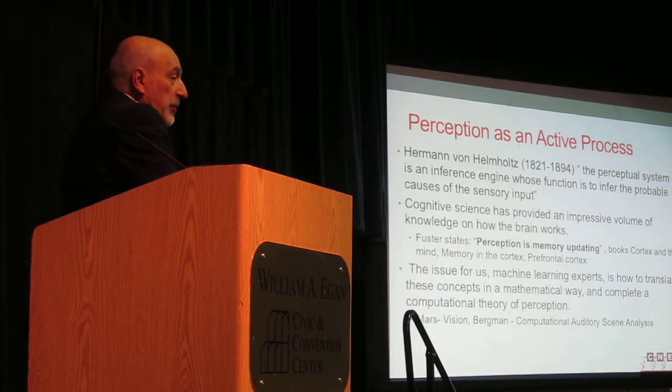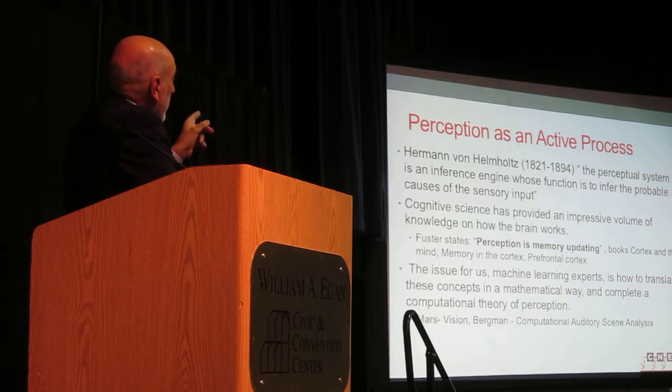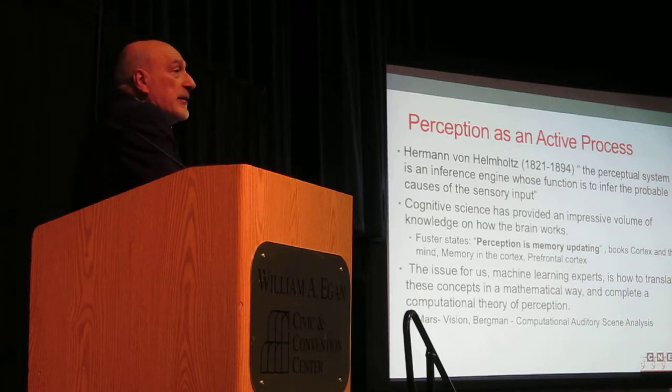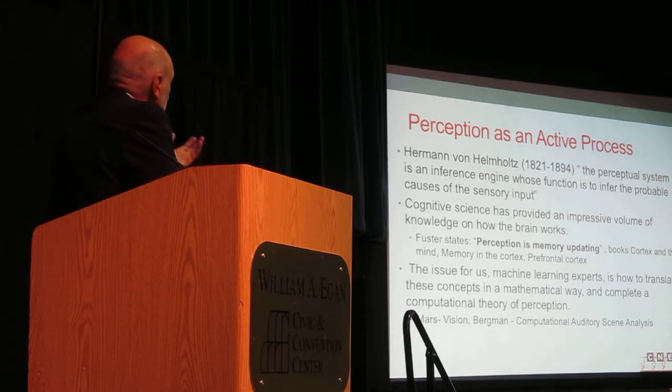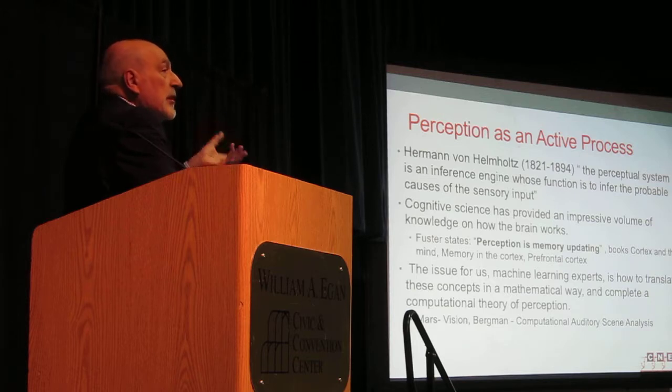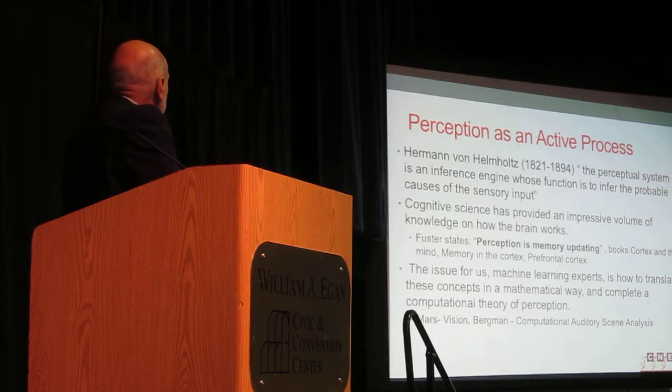It's a chicken and egg problem, if you think about it, because he says that perception is memory updating. And so you have to have memory to perceive, but at the same time, the memory has to come from some place. So this really is a very difficult problem, but it shows the relationship between internal models and the imagery in the feedback path.